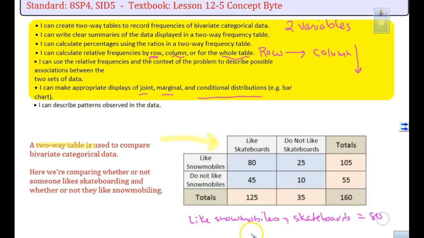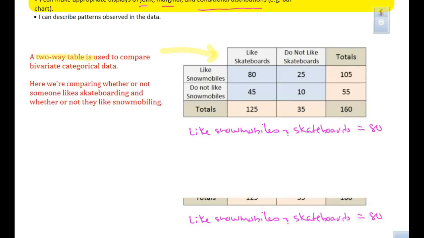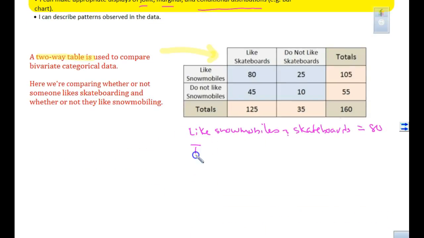How many people, write this in your notes, how many people total were surveyed here? Okay, so if we are looking at the total that were surveyed, we'd have 160 people. If I asked you how many people don't like either?